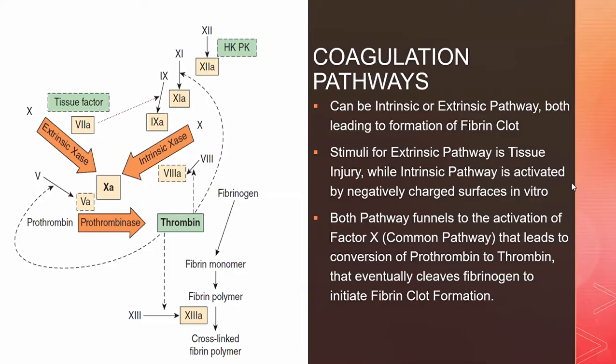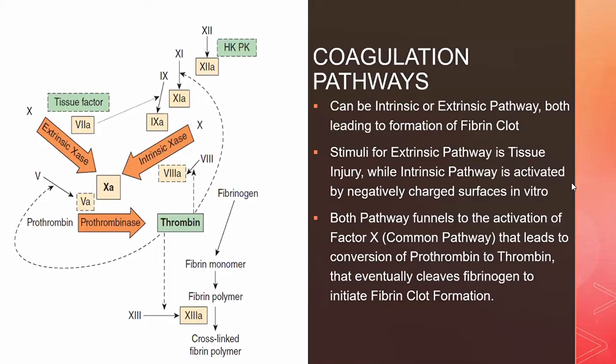The coagulation pathway is the second step of your hemostasis. Okay? It is the most efficient in stopping blood loss. It is composed of proteins that have specific functions.